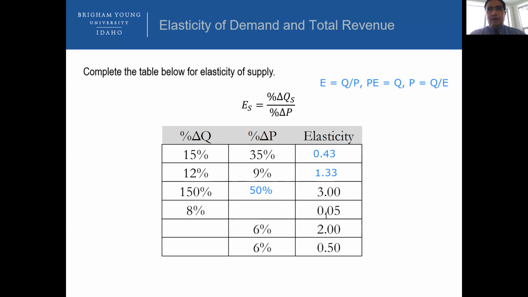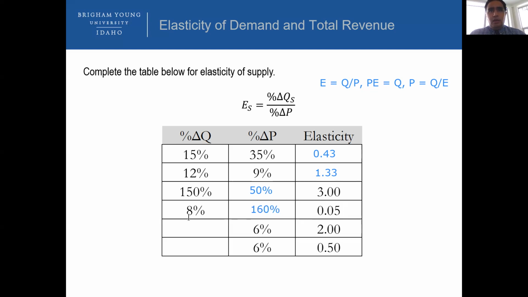So what happens if we have an elasticity of demand of 0.05 and a percent change of quantity, you increase by 8%? What is the proportional percent change of price? Well, we'll use the formula we just came up with. P is equal to 8% divided by 0.05, and that gets us 160%, or 1.6.